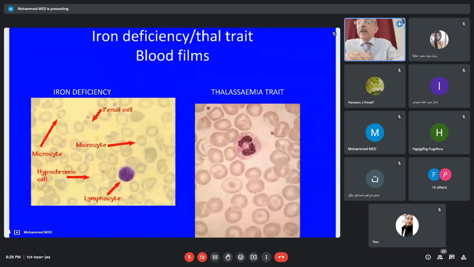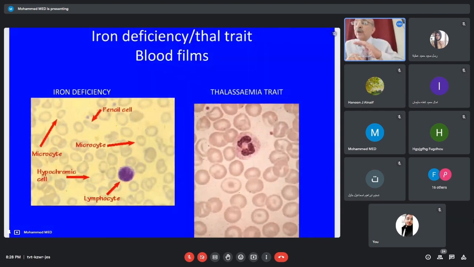By the way, there is another way which is very practical. I usually do it myself. In differentiating between thalassemia and iron deficiency, I go to the previous notes of the patient. We will see that a thalassemia patient from the age of 1 to 2 years and above, because in the first year the hemoglobin is usually normal, but after the first year of life, because this is a genetic disease, you will find that the hemoglobin is always low.